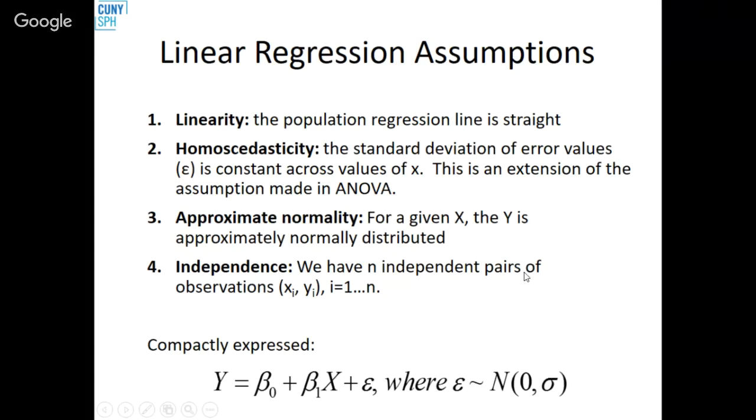We are assuming normality, or at least approximate normality, that for a given X, the Y or the errors are approximately normally distributed. So note this is not quite the same as saying that Y is normally distributed. It's saying that conditionally on X, Y is normally distributed.